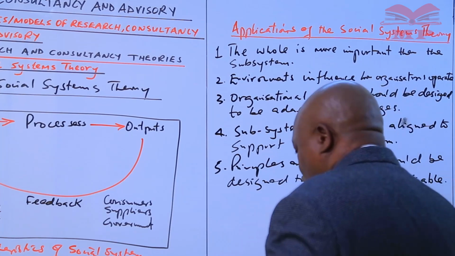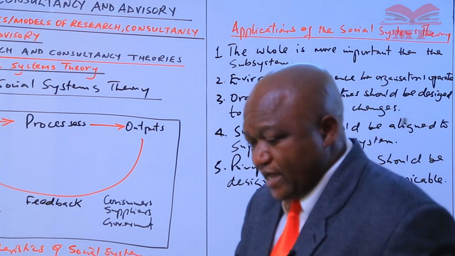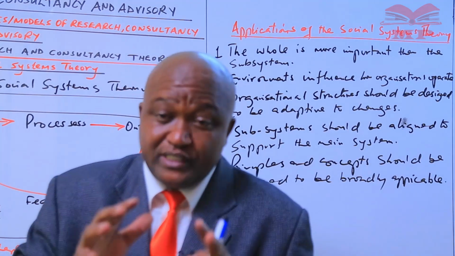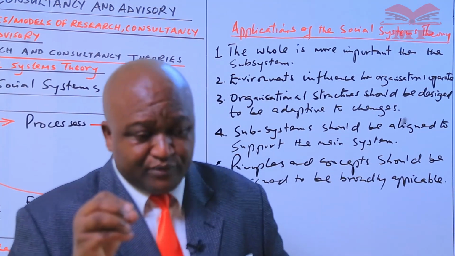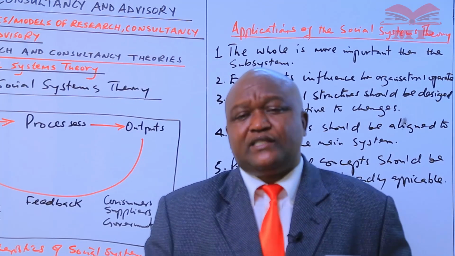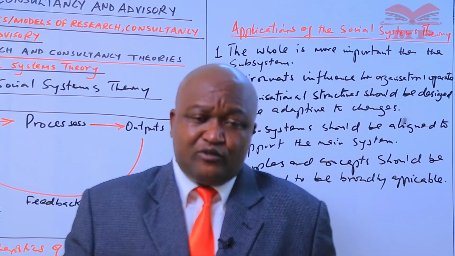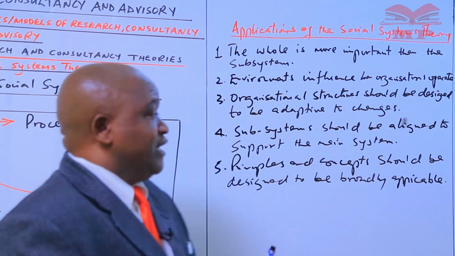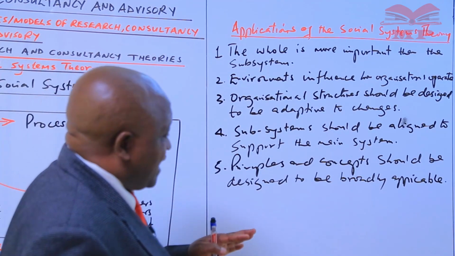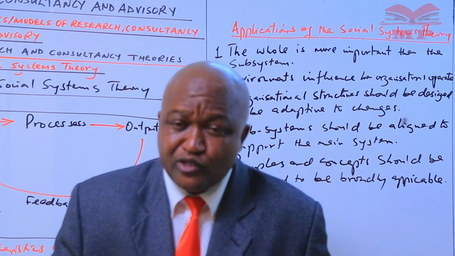So when it comes to organizational settings, if concepts or systems are designed within an organization, those systems should not be designed for just specific functions. Those systems and underlying principles should be designed in such a way that, because systems relate to each other, principles and concepts can be broadly applicable within the context of operational organizations and so on.